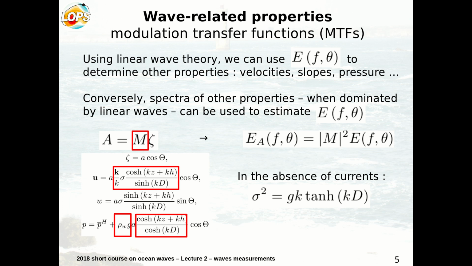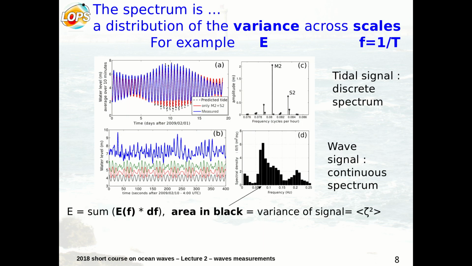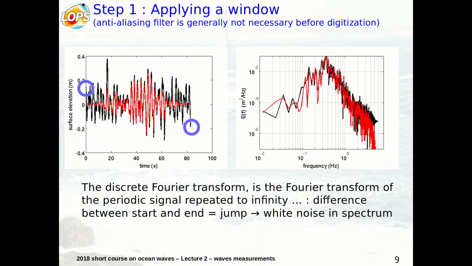When z equals minus h, this goes to 0, and so we have 1 over cosh kd, which attenuates the surface elevation to give the pressure at the seafloor. And of course, the rho g here is to go from elevation to pressure. In practice, to compute a spectrum, there are a few steps you have to go through.